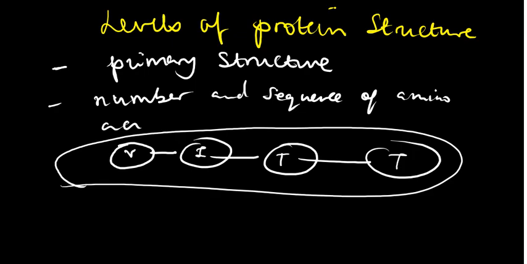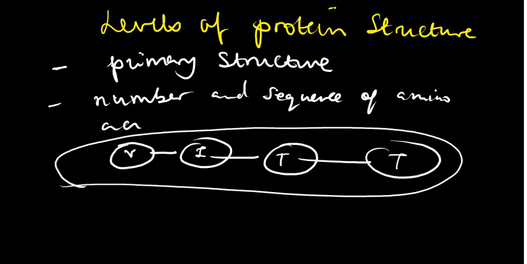The first protein to have its amino acid sequence elucidated, or rather determined, was insulin. It had two peptide chains, in which chain A had 20 amino acids and chain B had 31 amino acids.